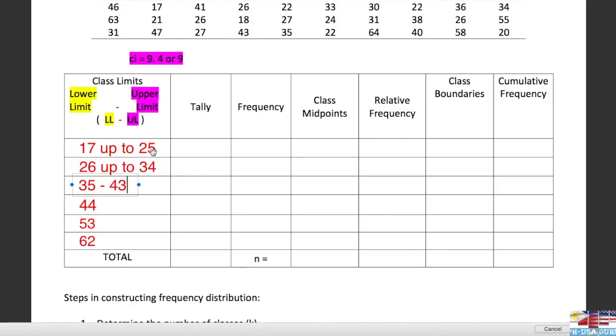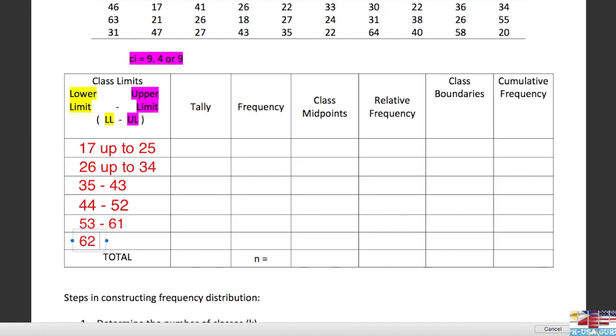What have you noticed with this? 25, 26, 34, 35, 43, 44. So meaning that on the upper limit, we just get the number before the next lower limit, so this will become 52 and this will become 61. And what is 61 plus 9?